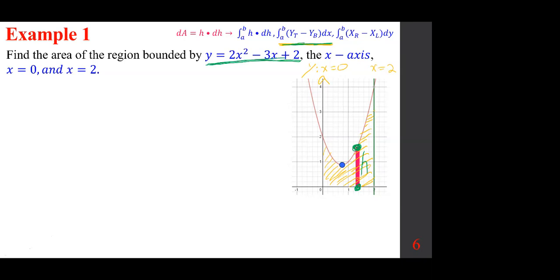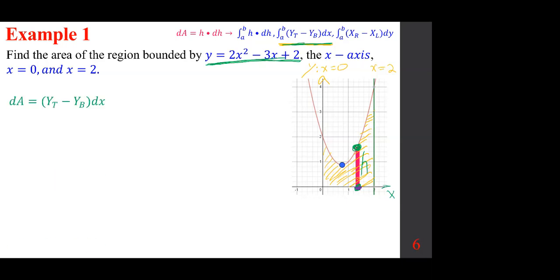What is y of the bottom? Well, the x-axis, which is simply 0. So that is the height. What is the width, everybody? The width is dx, because you're going along the x-axis, dx.